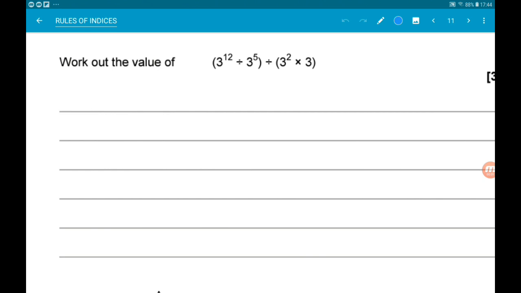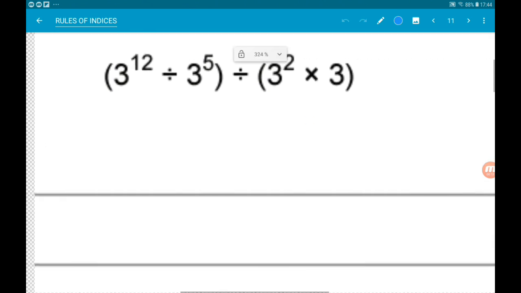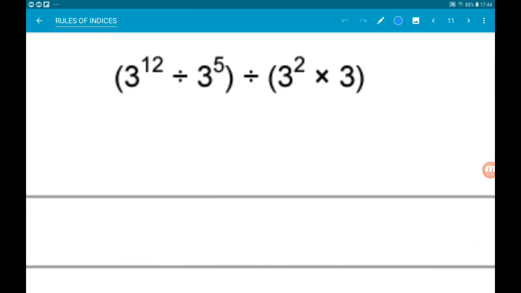Okay, next up, work out the value of 3 to the 12 divided by 3 to the 5, all divided by 3 squared times 3. Okay, so a bit of maths and indices. First of all, we need to sort out the inside of the brackets. So 3 to the 12 divided by 3 to the 5 is 3 to the 7.